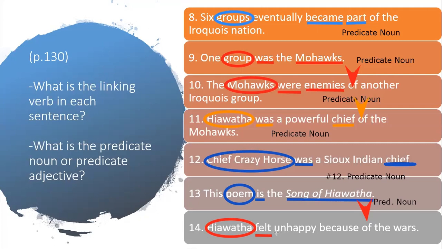So in this case, unhappy, excuse me, unhappy is the word that is describing, the word that is linked to the subject because it describes it. And because it describes it, it is a predicate adjective. Yes, you got it.